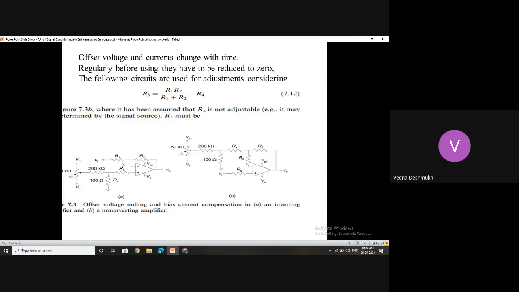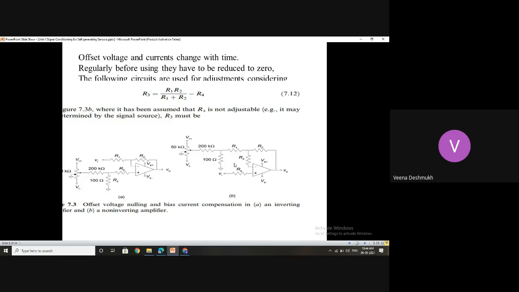By this, whatever potential is coming here is properly divided between R4 and R3, which is dependent on R1 and R2. So by doing this, the drops at this point and this point are going to be equal.